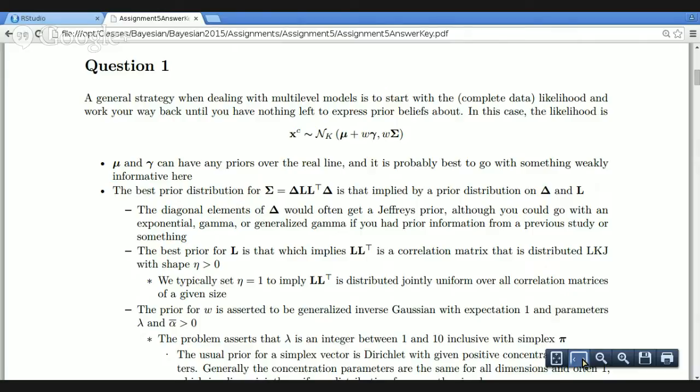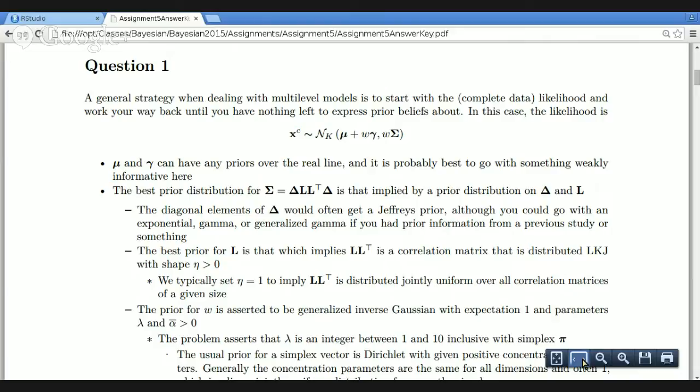express prior information about. So the basic part of the likelihood is that the complete data vector is distributed conditionally multivariate normal with mean vector mu plus W gamma and covariance matrix W times sigma. So the complete data vector consists of some observations that are observed, and some data points that are missing that you're also estimating their marginal posterior distribution of.